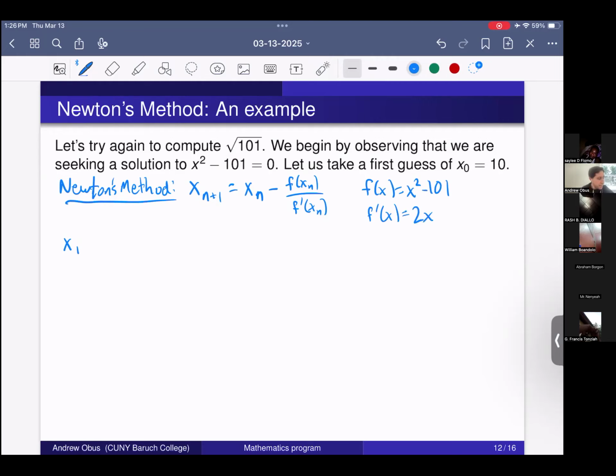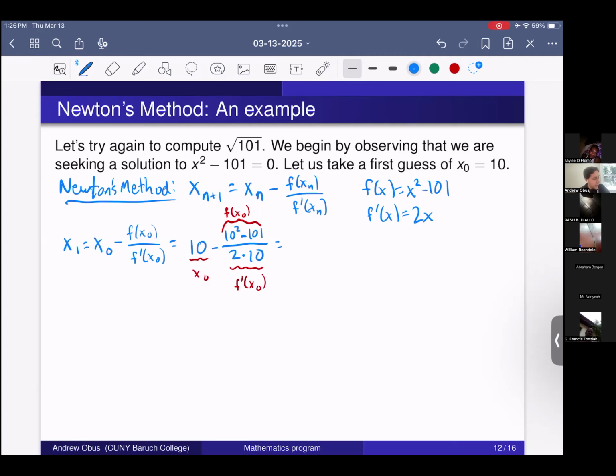So this is pretty easy. x1 is going to be x0 minus f of x0 divided by f prime of x0. x0 is 10, so that's 10 minus 10 squared minus 101, divided by 2 times 10. This here is f of x0, and this here is f prime of x0.